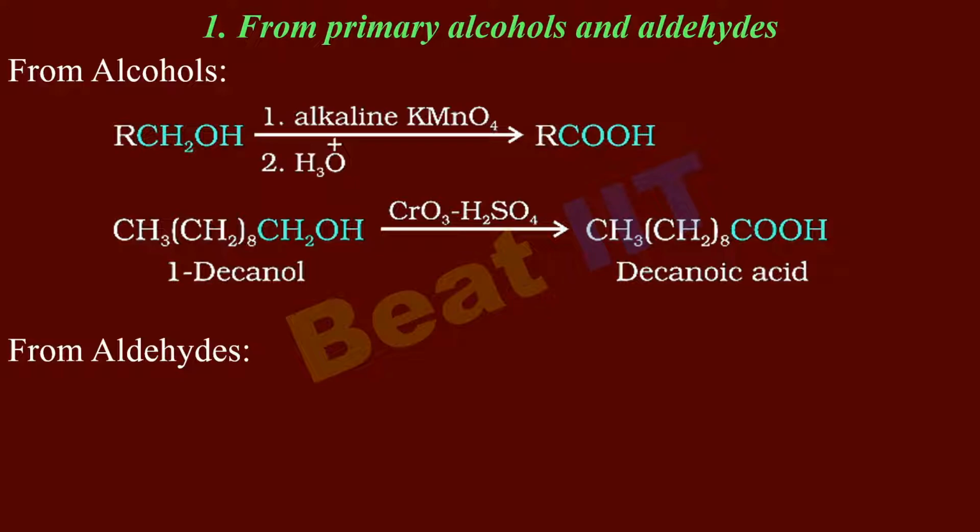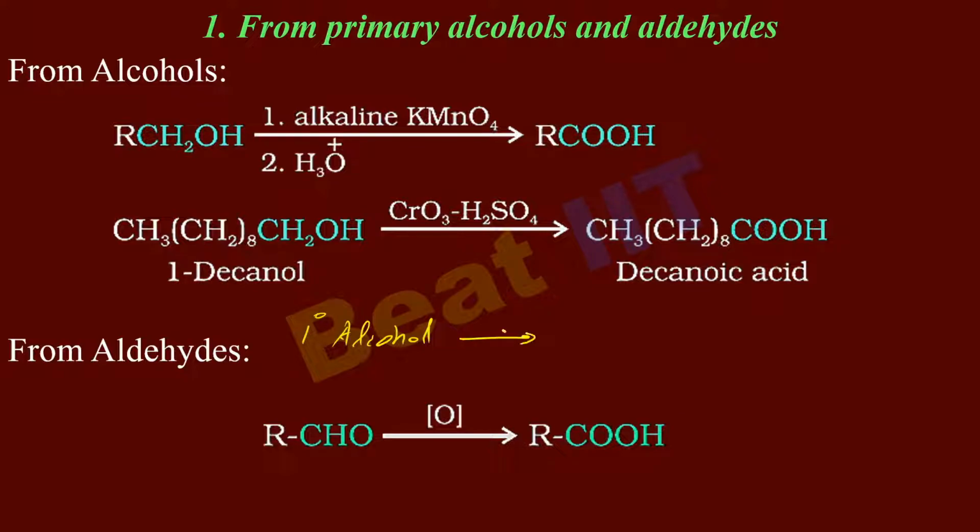From aldehydes. So we talked about primary alcohols. Now we are talking about aldehydes. Aldehydes on oxidation will also give you carboxylic acid. Remember the progression: you have a 1 degree alcohol, it gets oxidized to aldehyde, and aldehyde further gets oxidized to carboxylic acid.